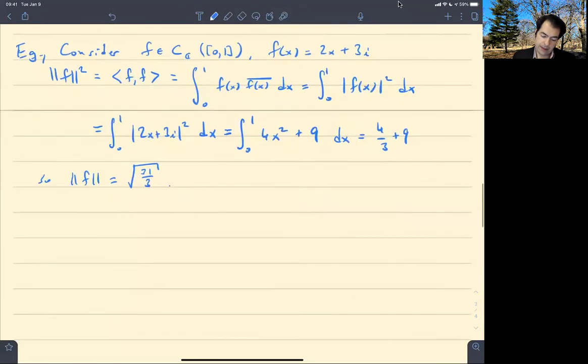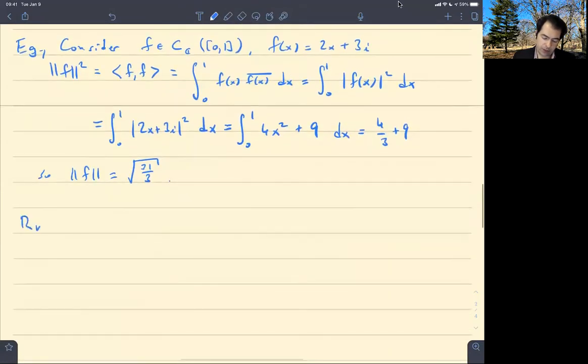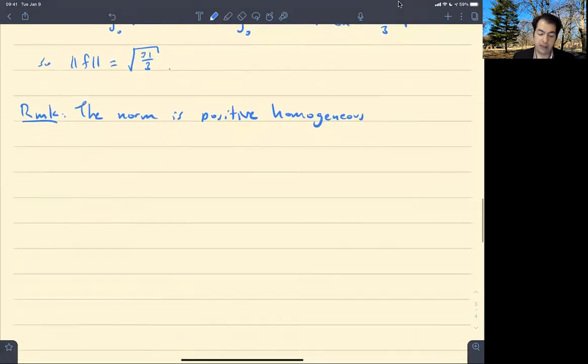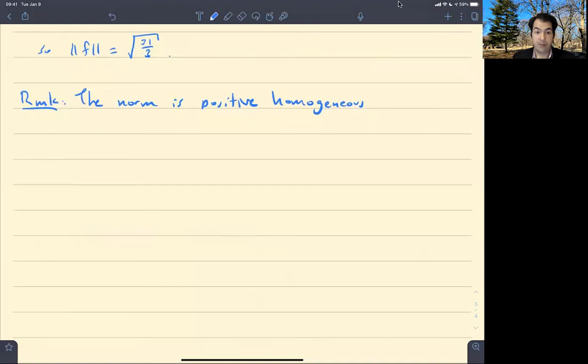Okay. Here's a simple observation. Let's make it a remark. The norm is positive homogeneous. The norm is definitely not a linear map, but it is positive homogeneous.